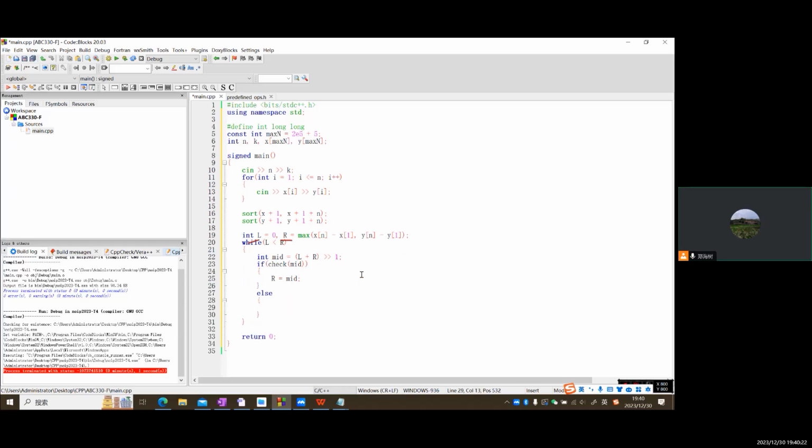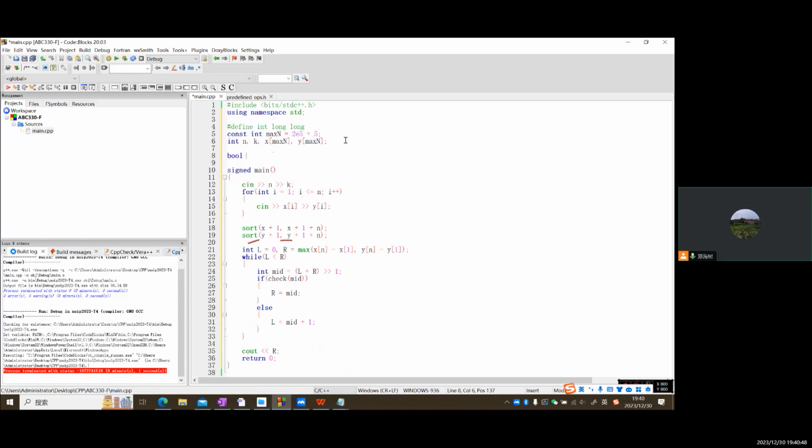Else we need to enlarge the length. Finally, R is the answer. So we output R. Now we need to define a function of check.